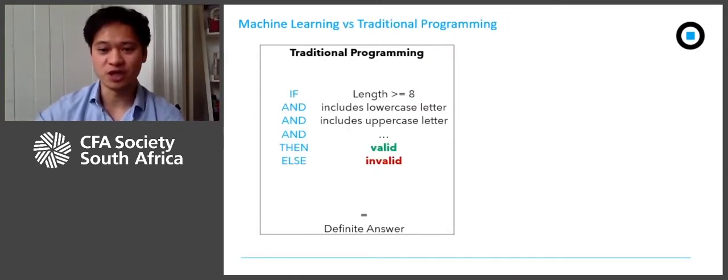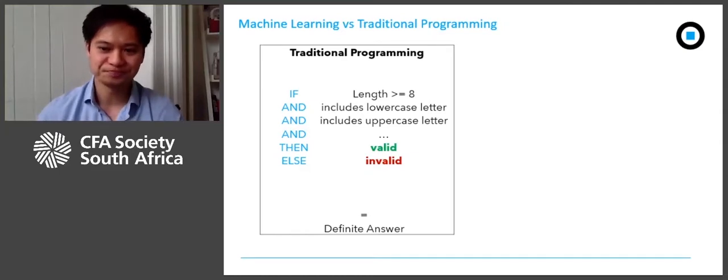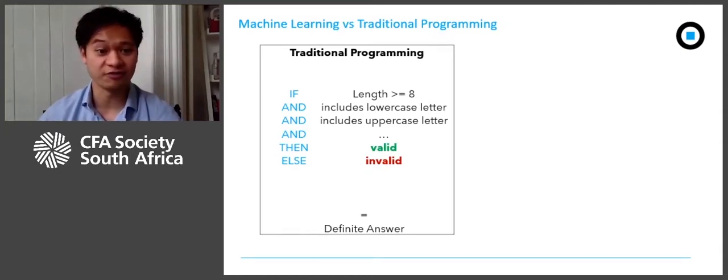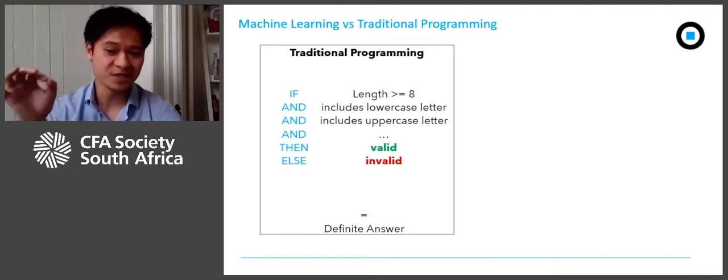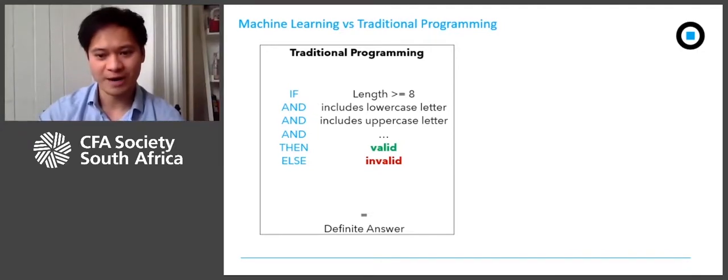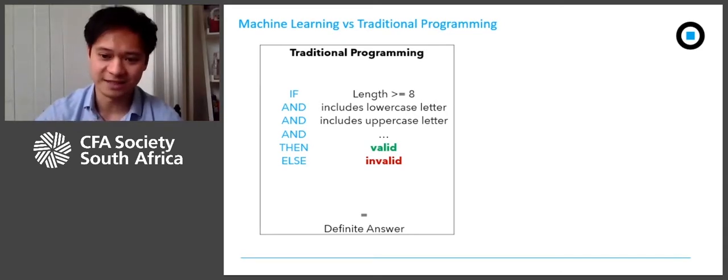So I'm going to start with a stylized example in differentiating machine learning from traditional programming, and that's validating a password. So a 1950s computer scientist using old school computer programming would have a process that looks like this. You'd enter a password, and the program goes through if statements to determine if the password you entered is valid.